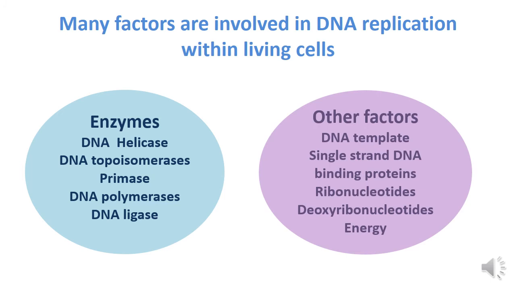In addition, it needs several other factors like DNA template and deoxyribonucleotides, which we have discussed so far, and also single strand DNA binding proteins, ribonucleotides, and energy. So using all these factors, DNA will be replicated within living cells before every cell division during the synthetic phase of the cell cycle.